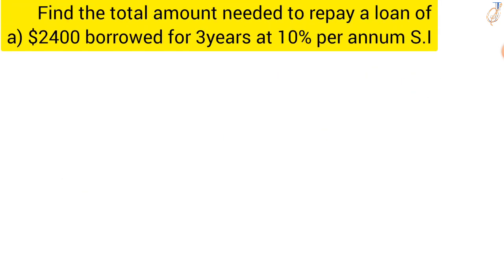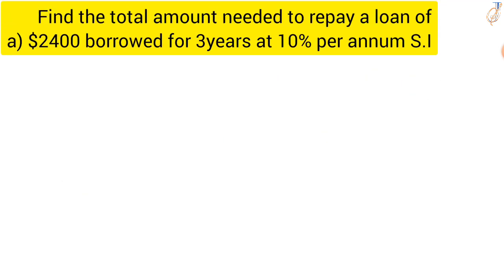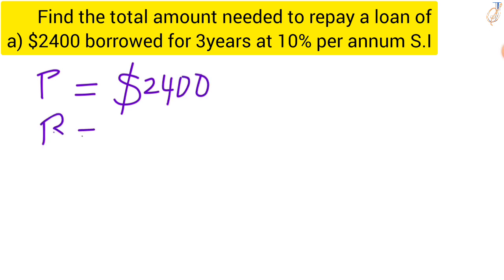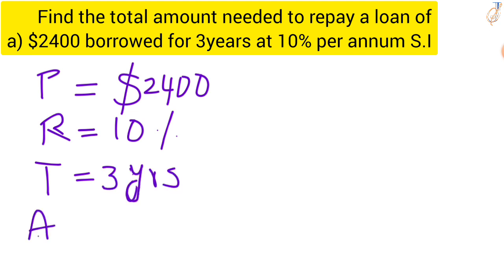Find the total amount needed to repay a loan of $2,400 borrowed for 3 years at 10% per annum simple interest. So what are the given values? Principal is 2,400, rate is 10%, time is 3 years. First find the percentage of this amount.